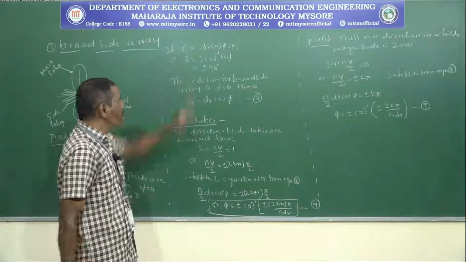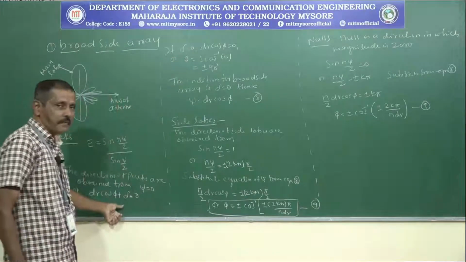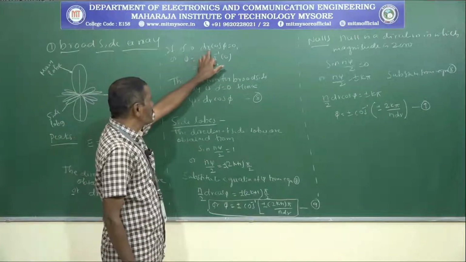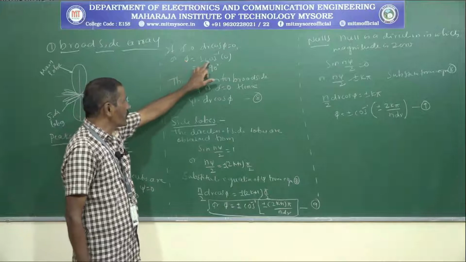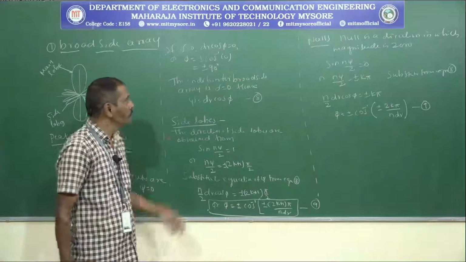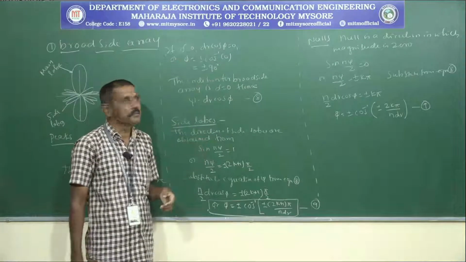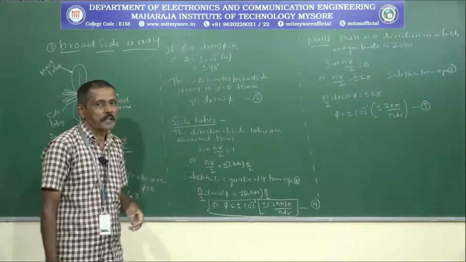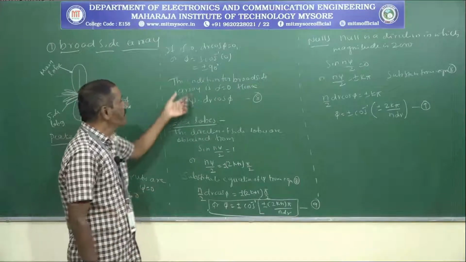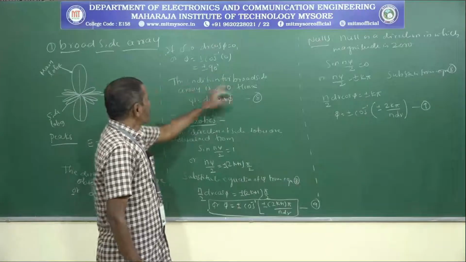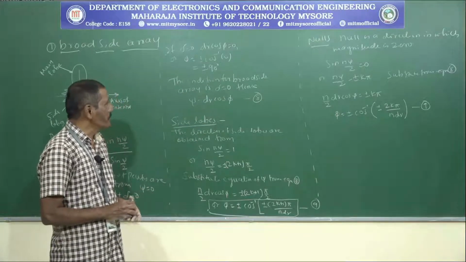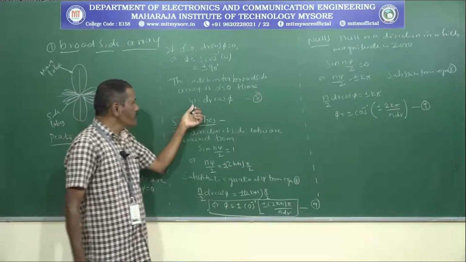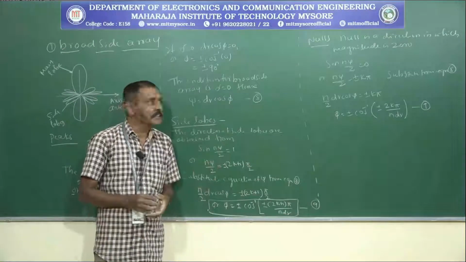Now if delta equal to 0, then dr cos phi equal to 0. Therefore phi equal to plus or minus cos inverse of 0. So this gives the values of phi equal to plus or minus 90 degrees. And the condition for the broadside array is delta equal to 0, hence psi is equal to dr cos phi.